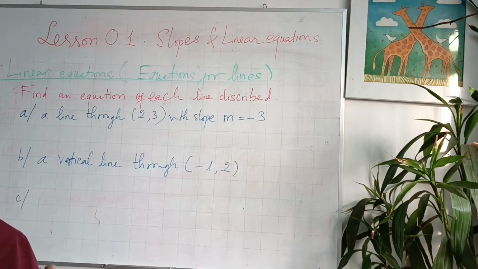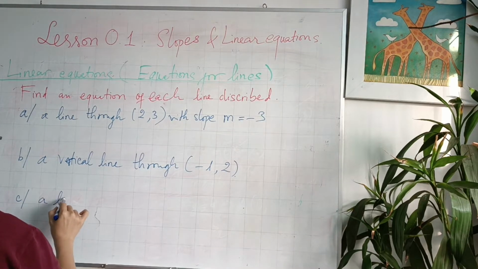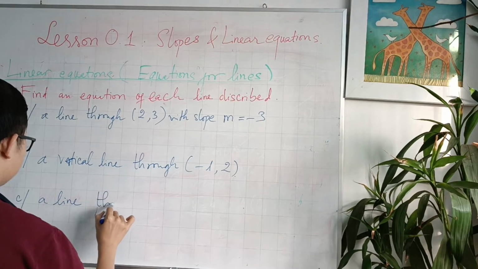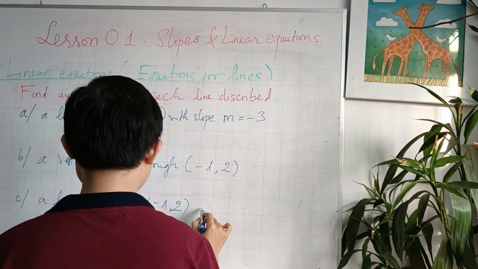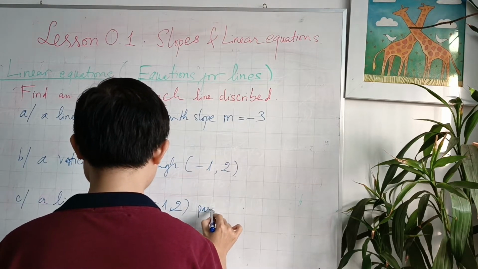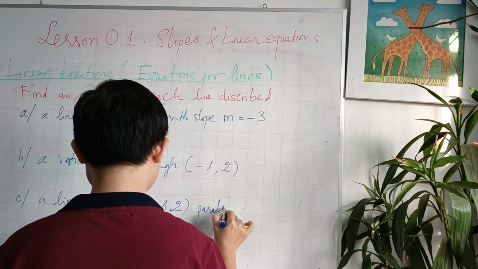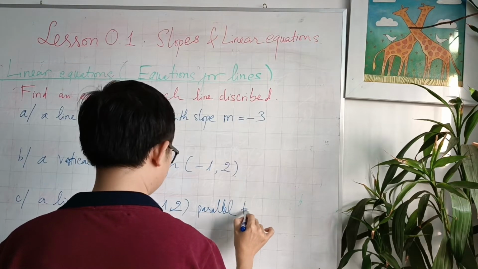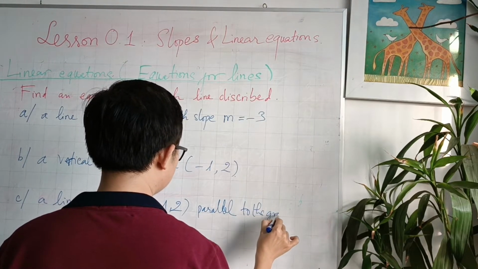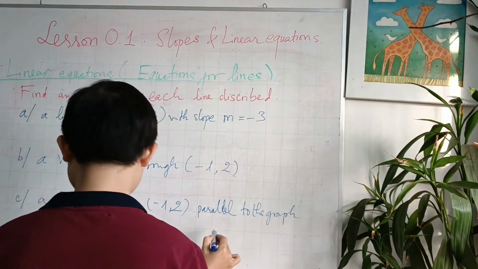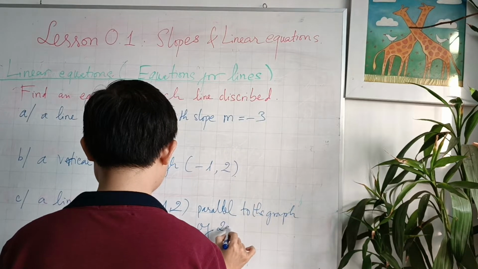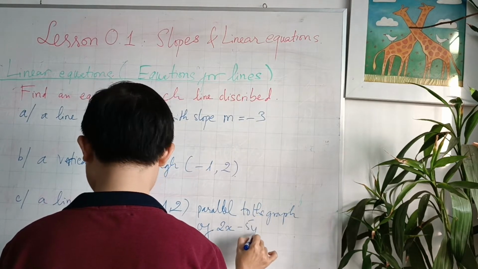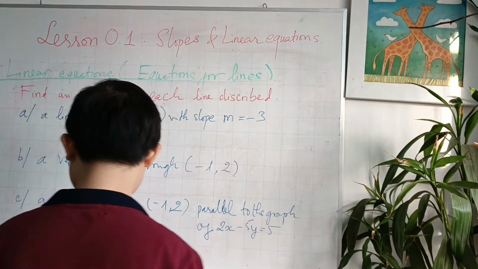C. A line through (-1, 2) and parallel to the graph of 2x minus 5y equals 5.